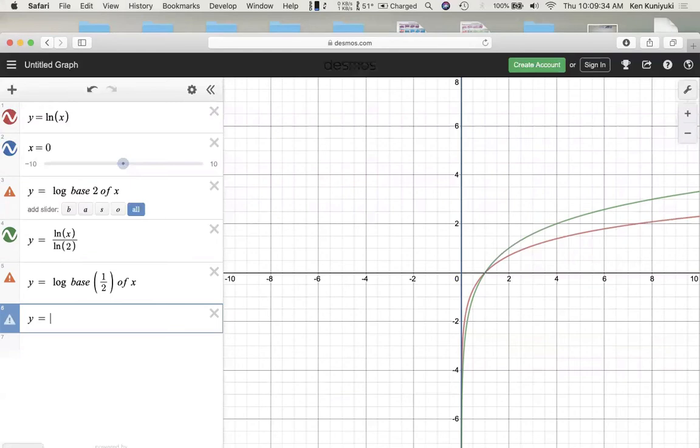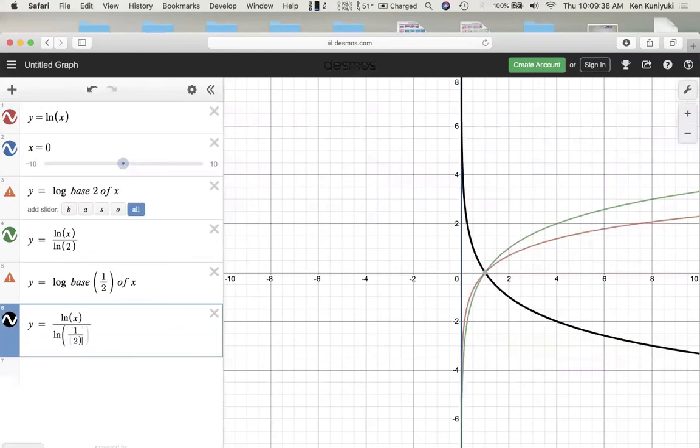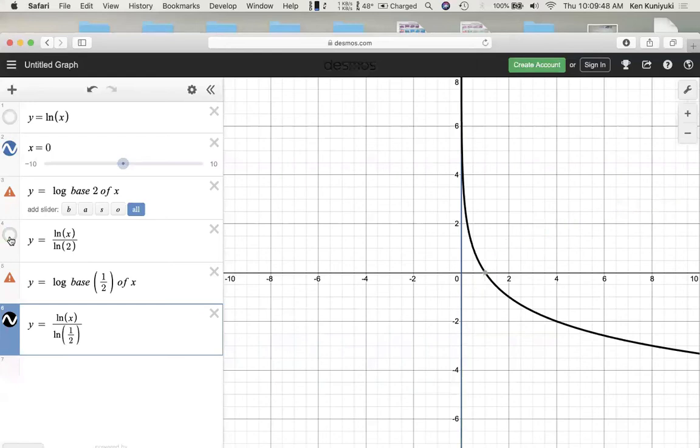So that's y equals ln of x all over ln of 1/2. Now take a look. I'm going to erase the ln of x guy here. We're going from y equals log base 2 of x in green, flashing, to y equals log base 1/2 of x in black, which is flashing. It appears that these two graphs are reflections of each other about the x-axis.